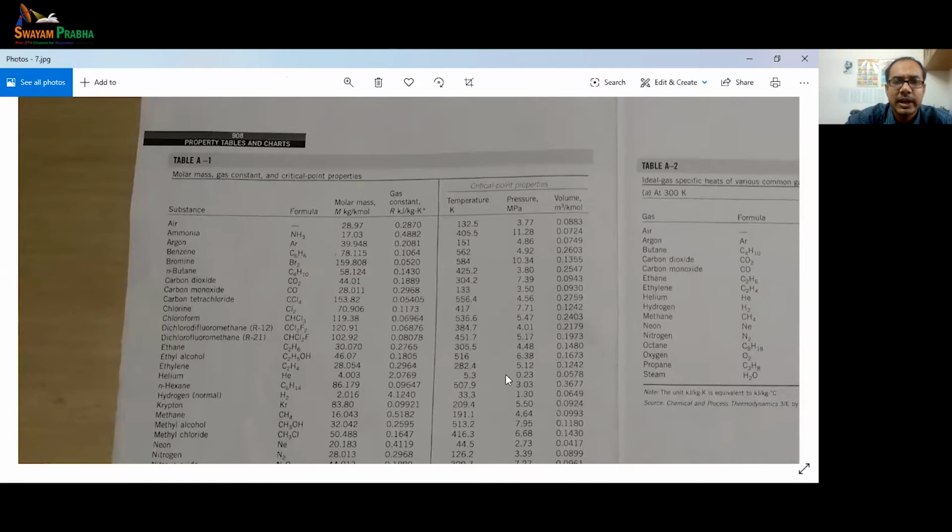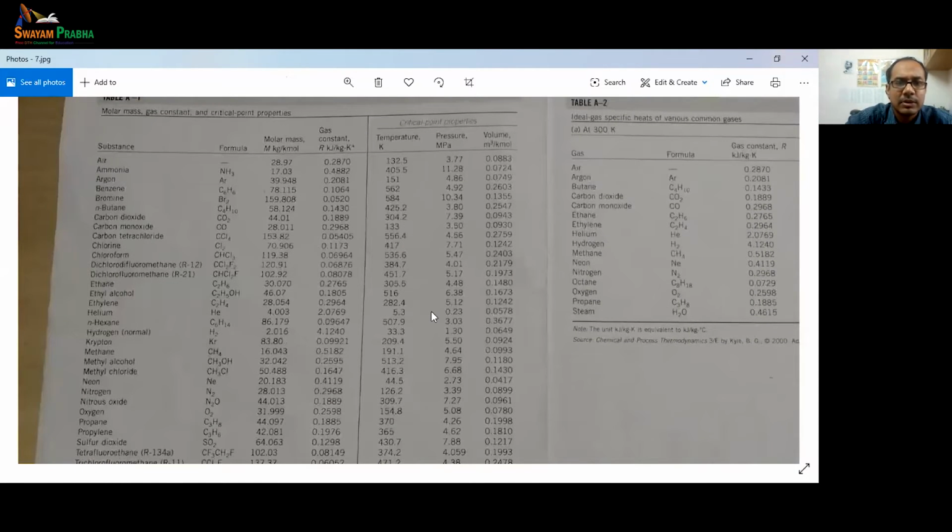This table we will use again and again in this tutorial. Here the first column lists the different gases, and the fourth column gives us the R values, or the gas constants, in kJ/kg·K.